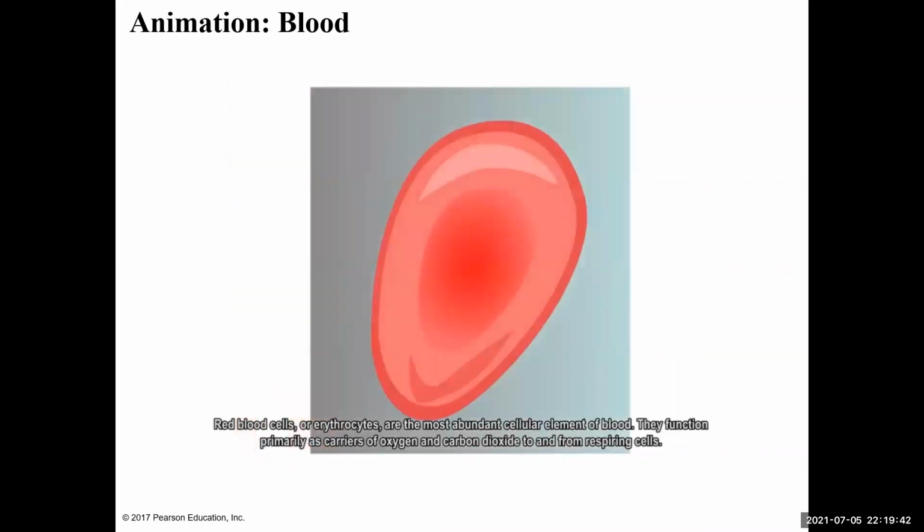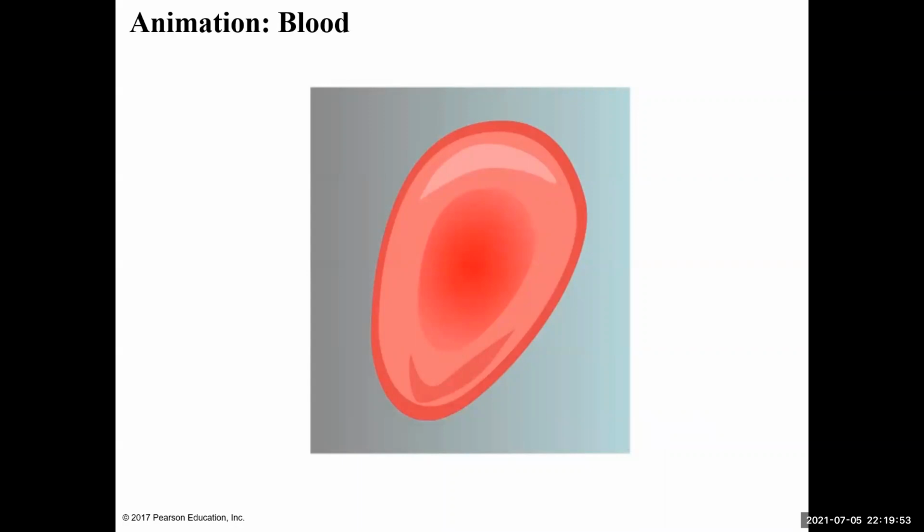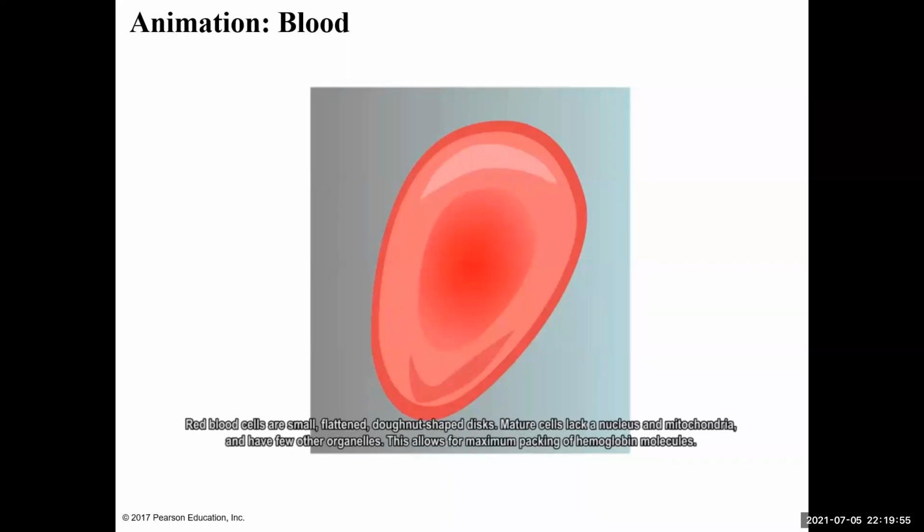Red blood cells, or erythrocytes, are the most abundant cellular element of blood. They function primarily as carriers of oxygen and carbon dioxide to and from respiring cells. Red blood cells are small, flattened, donut-shaped discs. Mature cells lack a nucleus and mitochondria and have few other organelles.